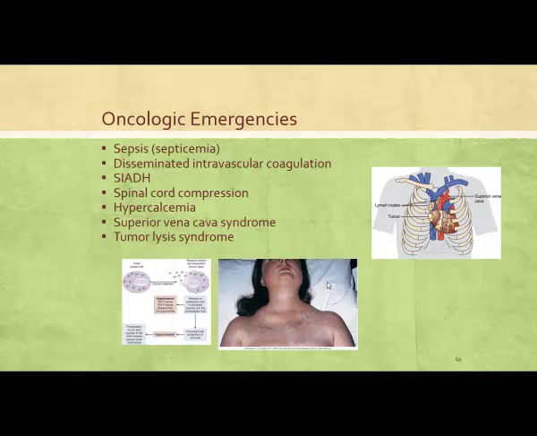DIC causes a problem with blood clotting. So really with DIC, there's a systemic activation of blood coagulation, which causes generation and deposits of fibrin that cause microvascular thrombi and organ failure.